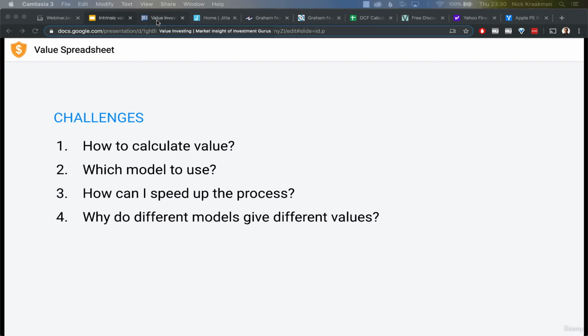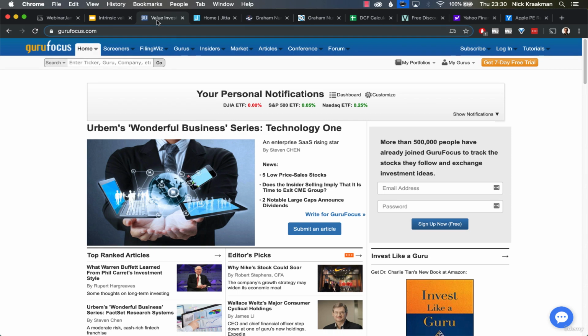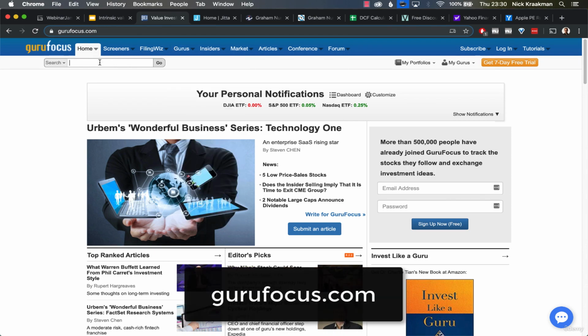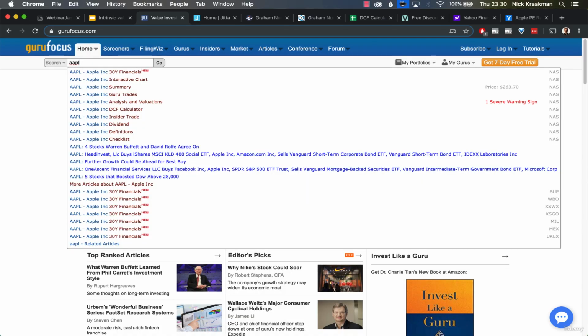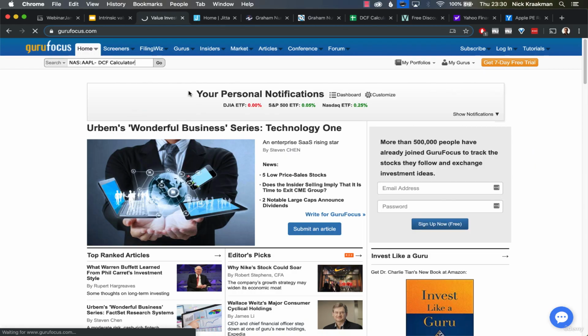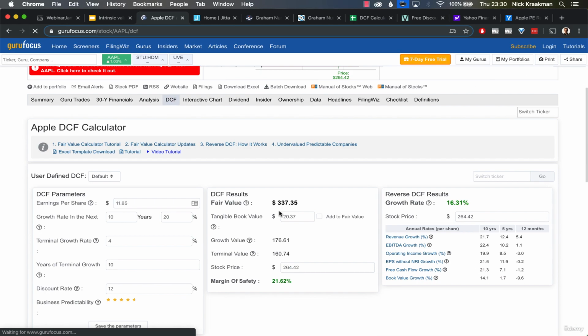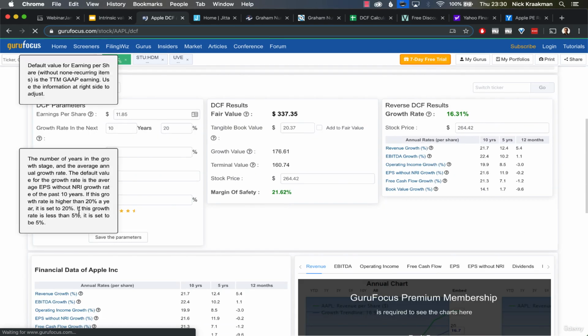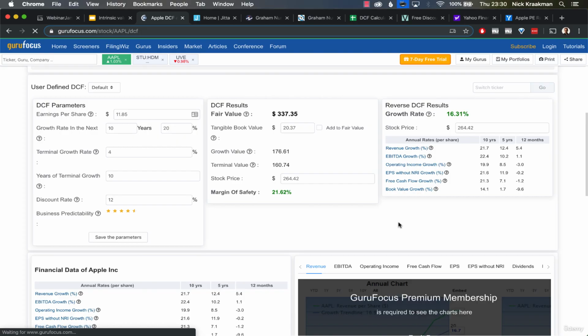It's one that you've seen before. It's Guru Focus. I just wanted to start with this one for the people who haven't seen it before because it is just very useful. I'm just gonna use Apple in this case for this example. So I type in the ticker symbol Apple and just go to the DCF calculator, and this is the calculator right here.